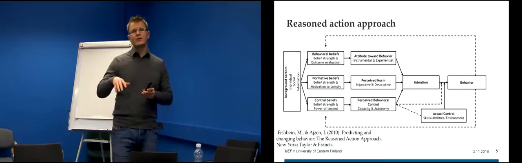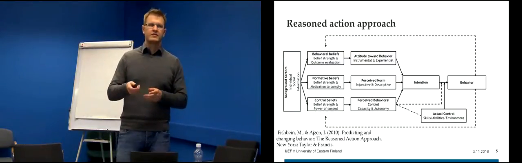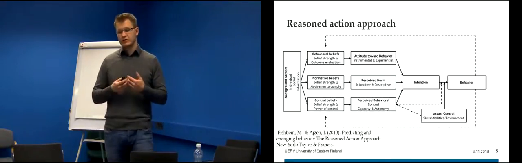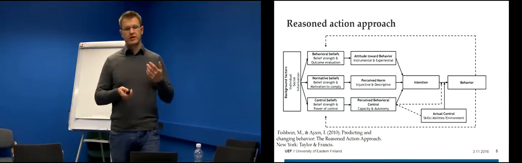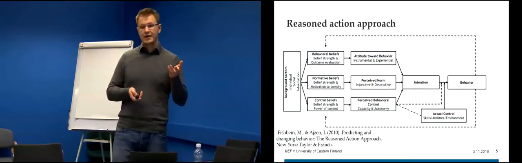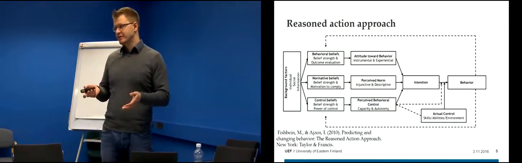But all this model basically tells that there's a huge number of different factors that affect our choices. Some of our choices are rational, some of them irrational. And this is something that has been criticized with this model: are we rational beings?